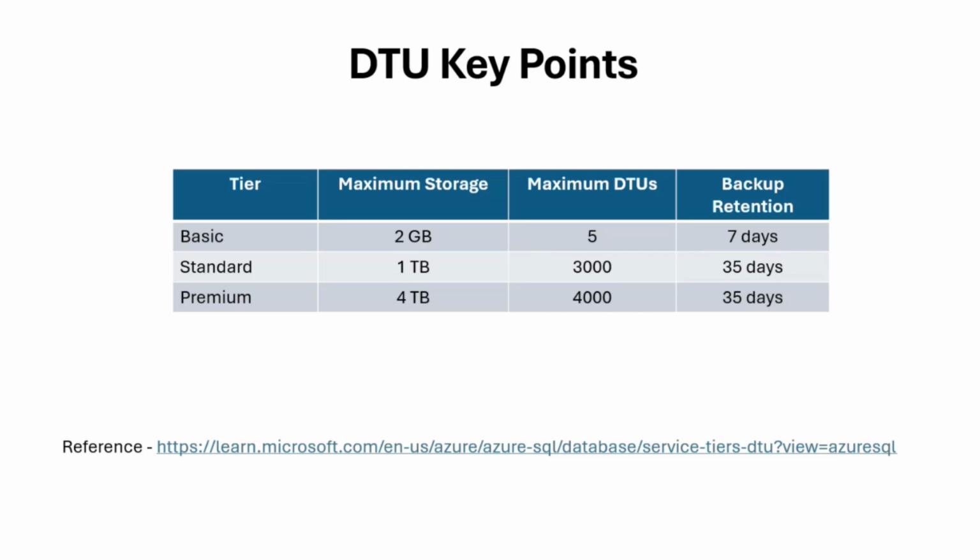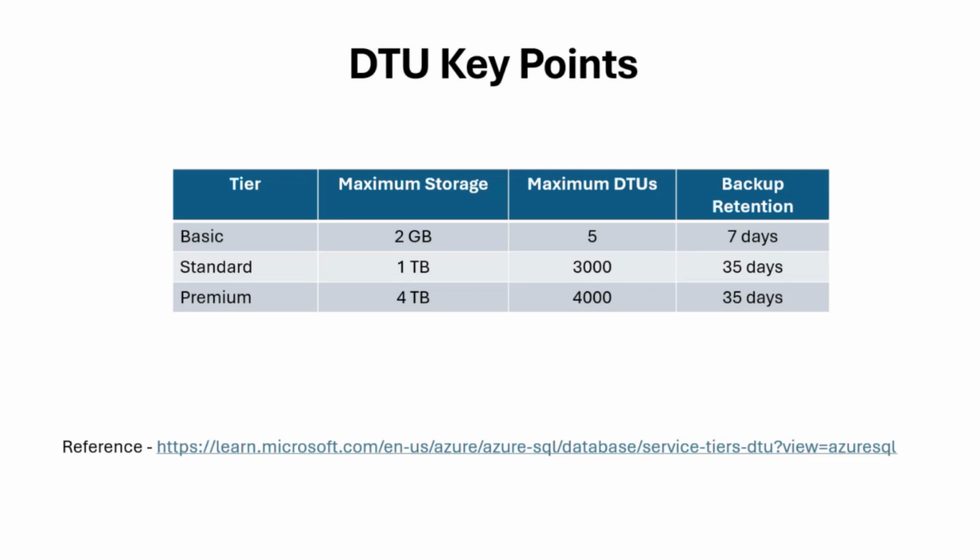In this database transaction unit purchasing model, you have three service tiers: basic, standard, and premium. In the basic service tier, you have a maximum storage of 2 gigabytes, you can allocate a maximum of 5 DTUs, and the backup retention is 7 days.